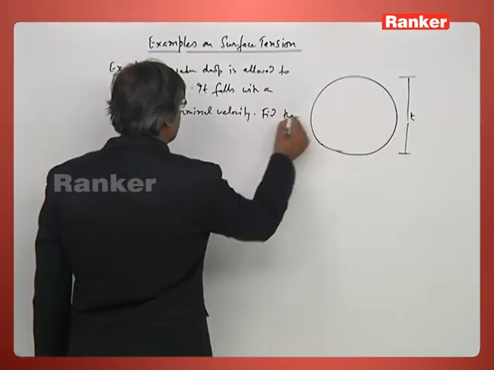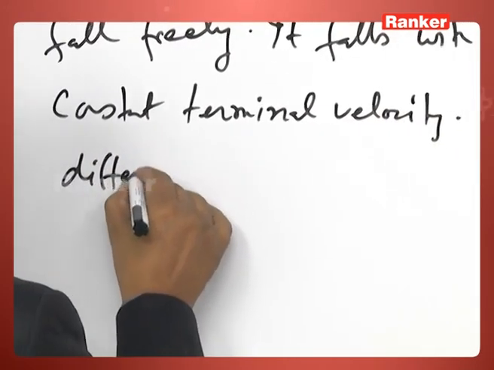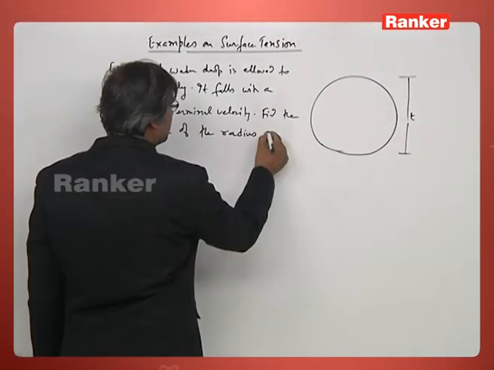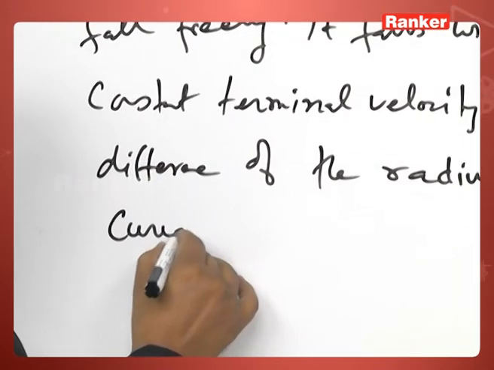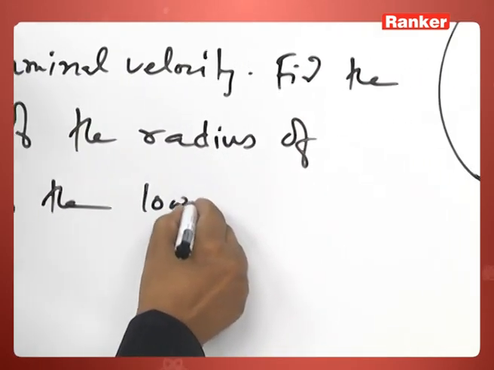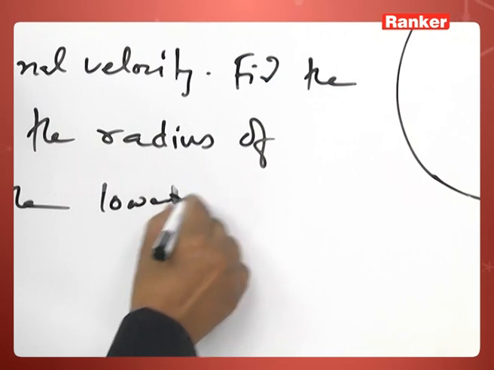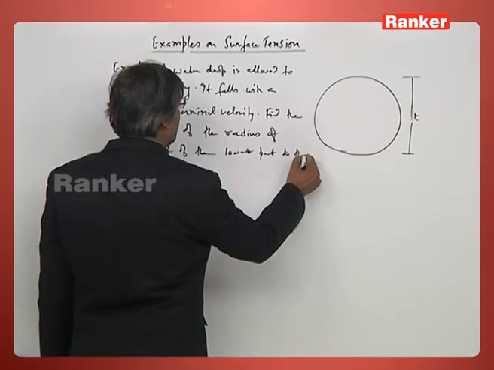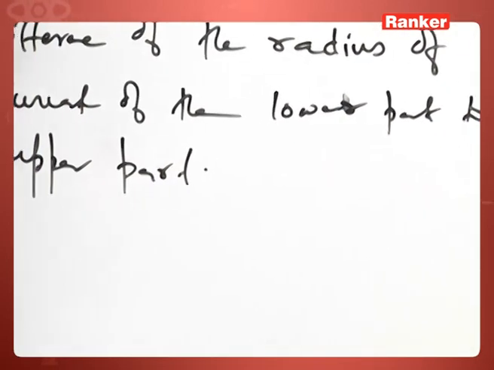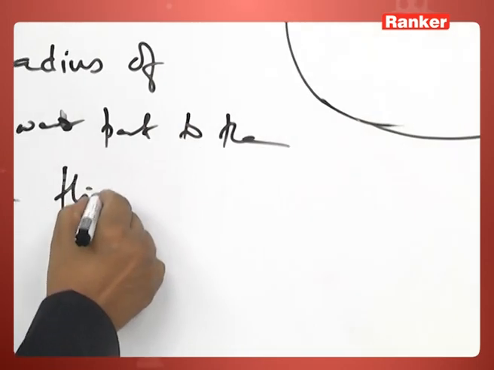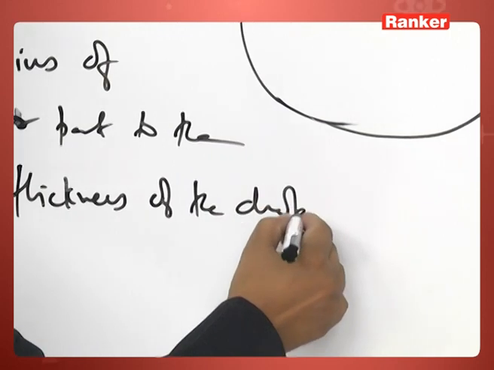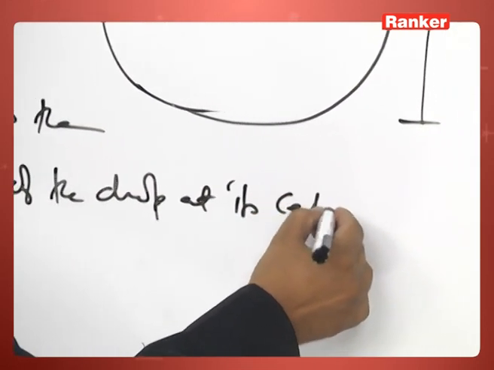Find the difference of the radius of curvature of the lower part to the upper part. The thickness of the drop at its center is t.